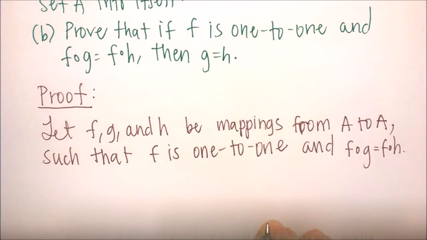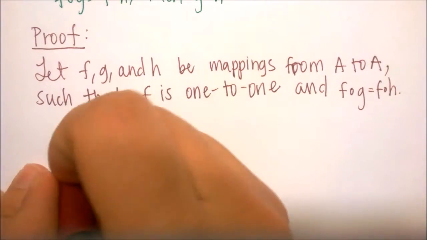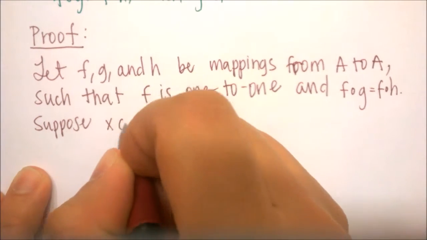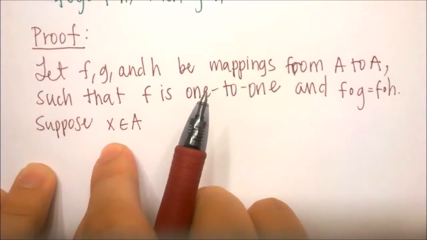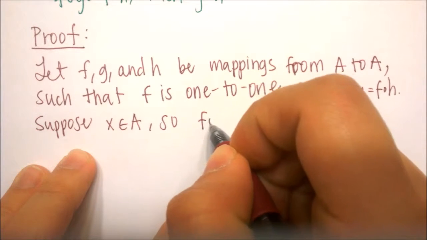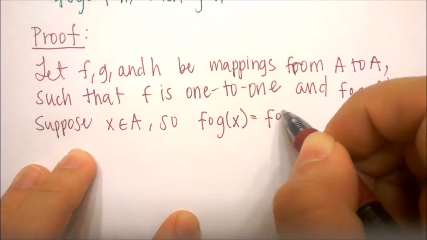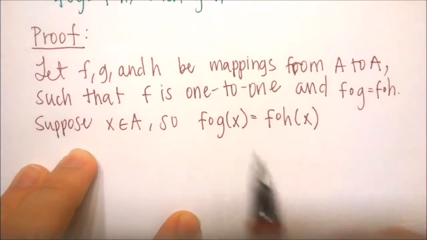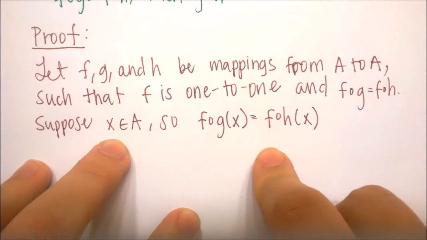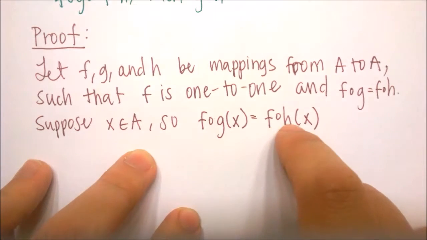Okay, so like before, let's take an element x from A. So suppose x is an element of A. Since both g and h are mappings from A to itself and x is in A, we can write that f composed of g of x equals f composed of h of x.